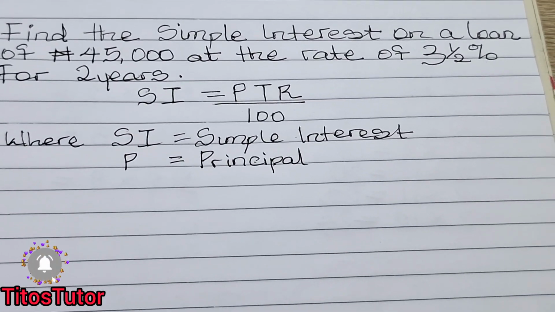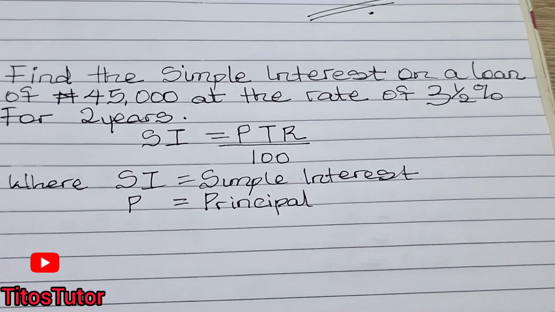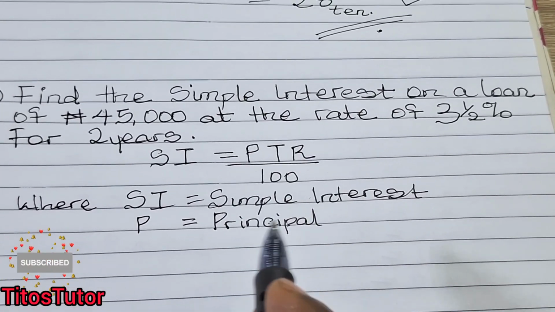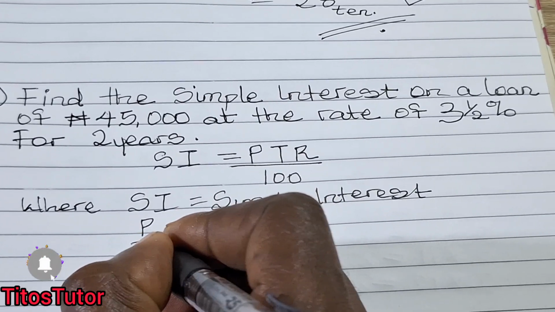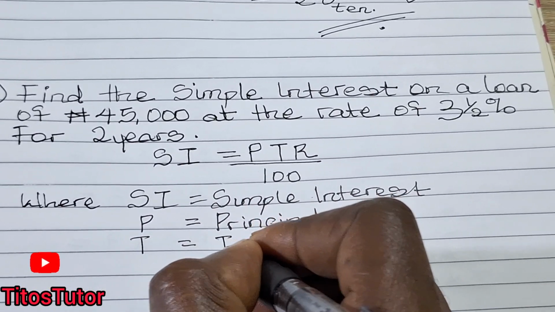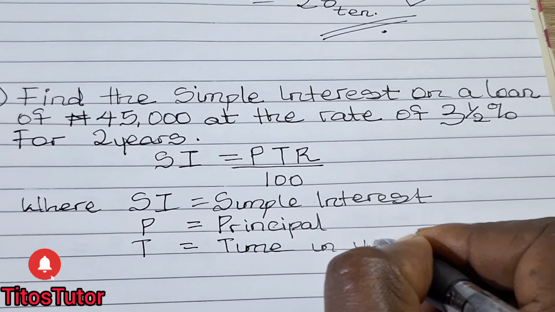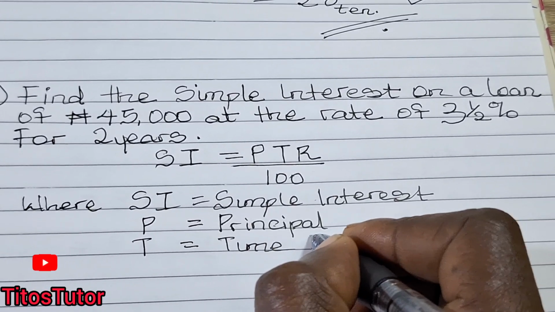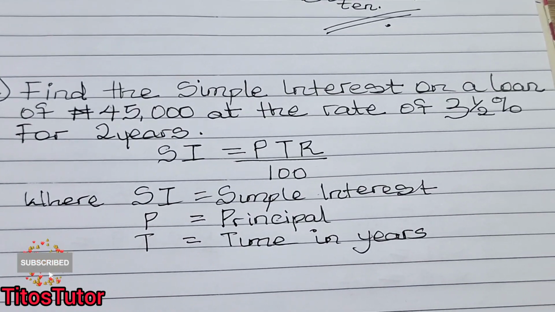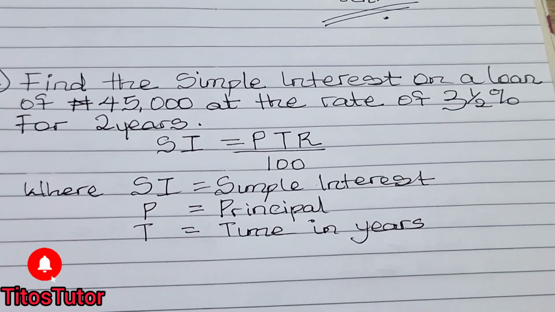But in this case, it is a loan question. So principal is your loan, then your T is the time in years. If it's not in years, you must convert it to years before you work with it.